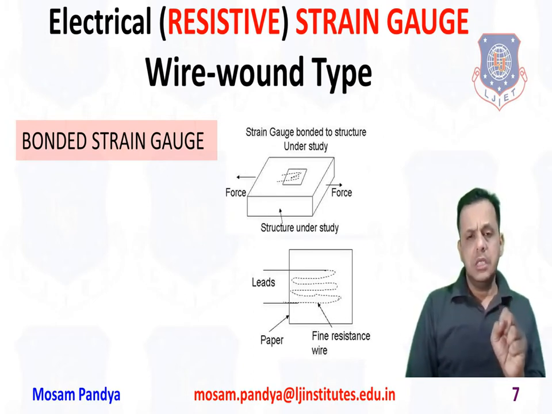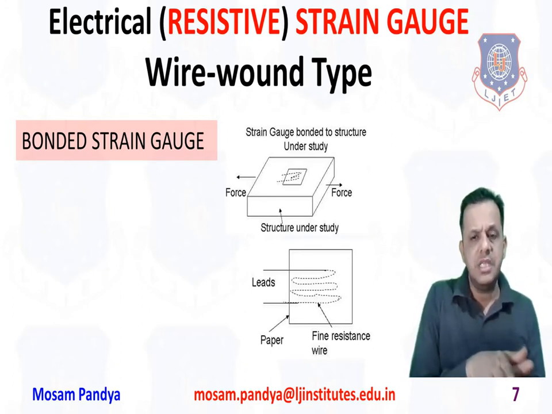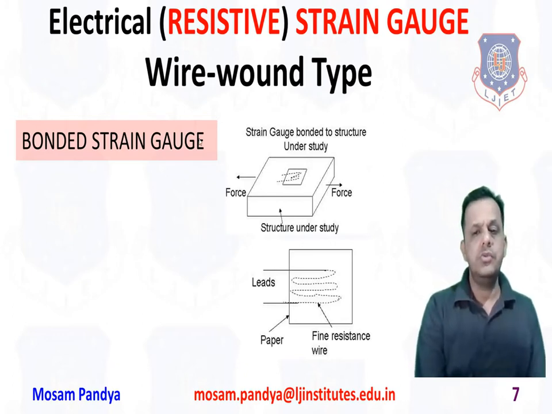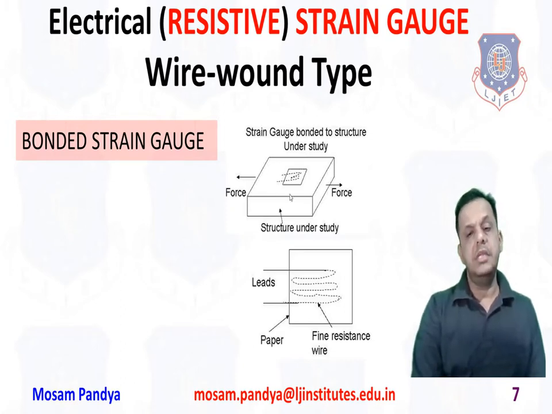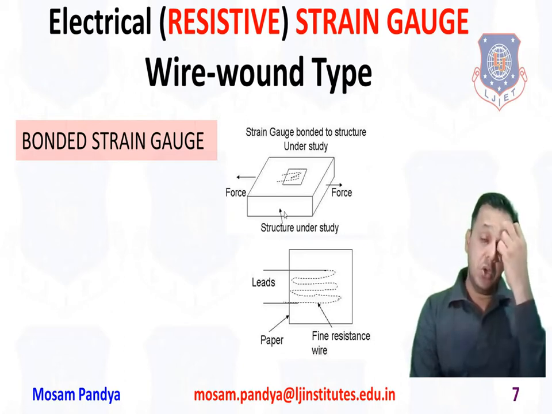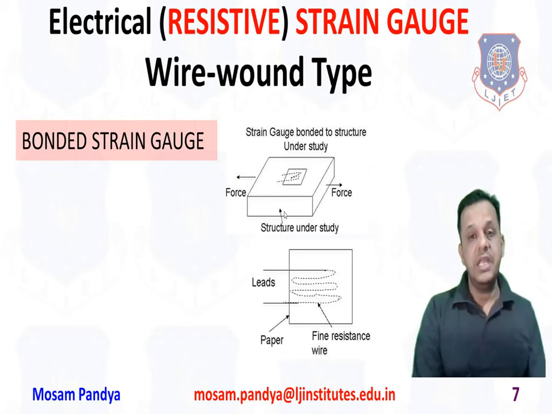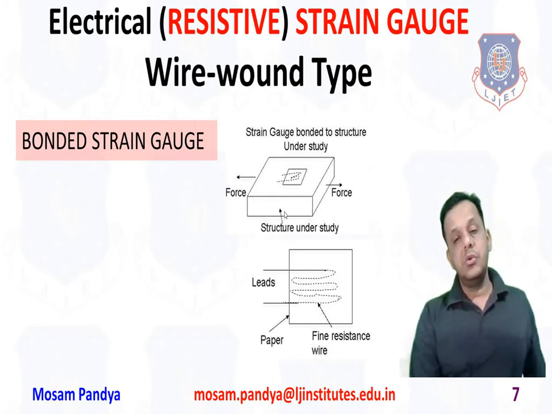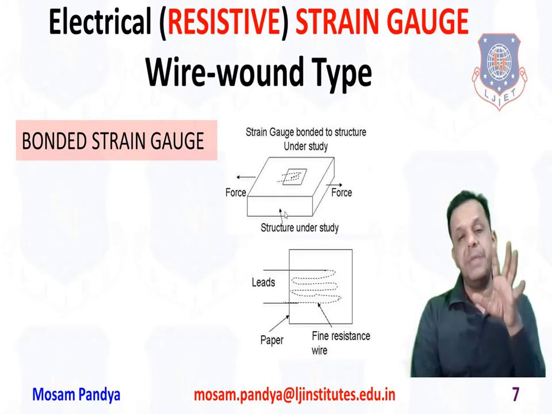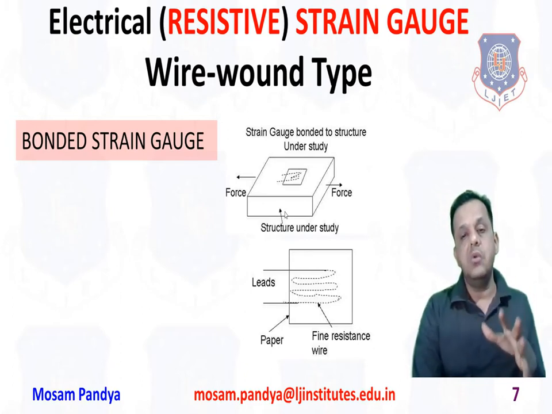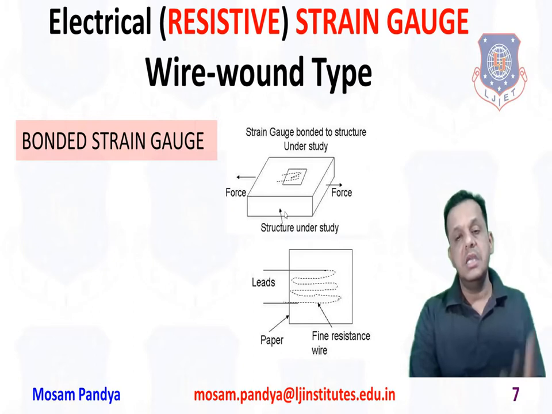Now let us look at the word bonded. Bonded means something is fixed on some platform. So here you see two diagrams displayed on the screen, where force is applied and the structure under it can be a beam, the platform for a swimming pool, or the platform of a very high-rise building, where we have to measure the impact of high pressure wind and how much it can withstand such pressures.